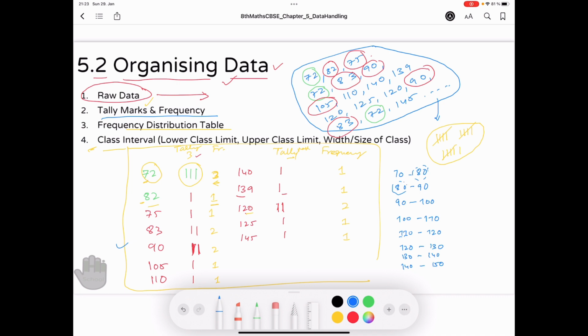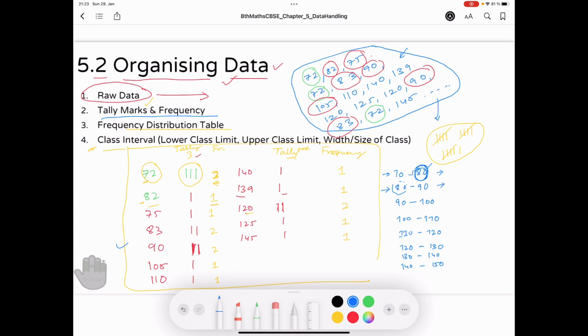Now we see that the last value of one class is the first value of the next class. So if there is a heartbeat per second in the raw data of 80, will it come in this class or in this class?